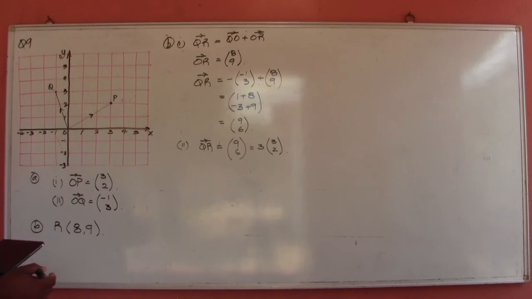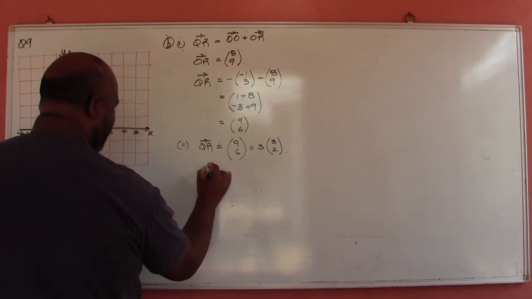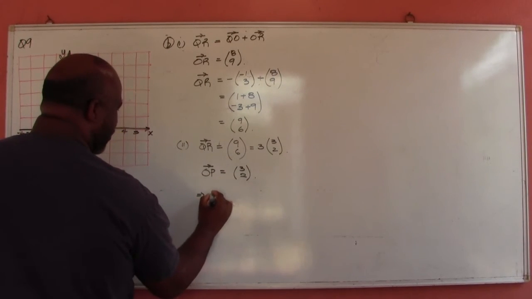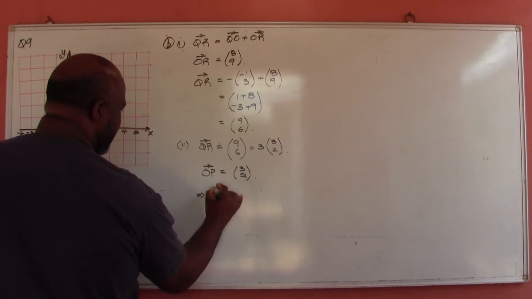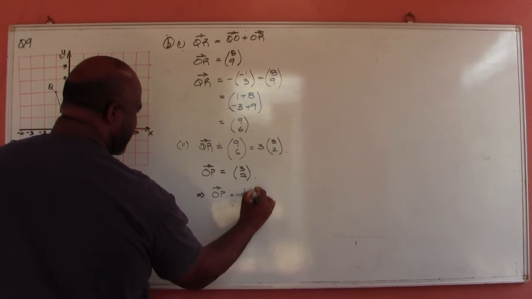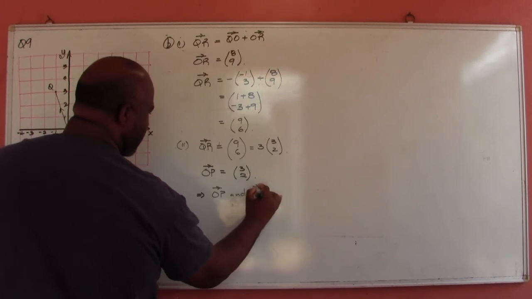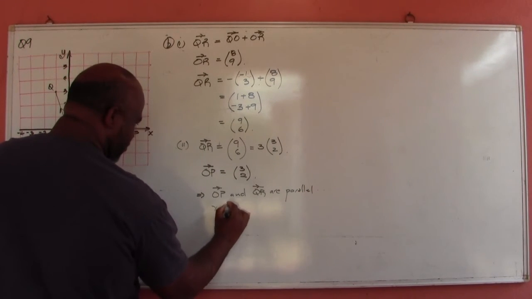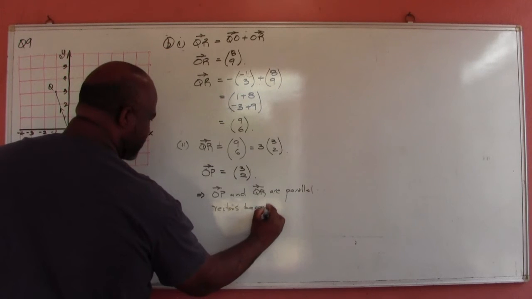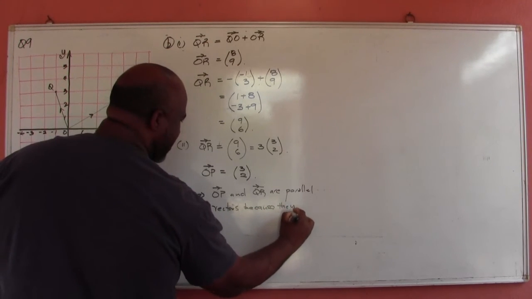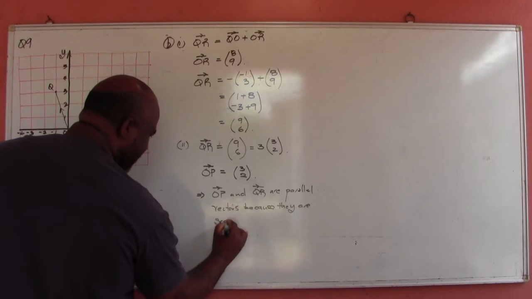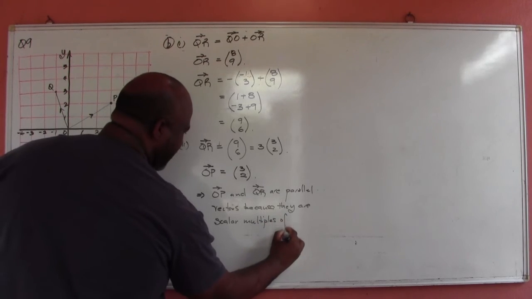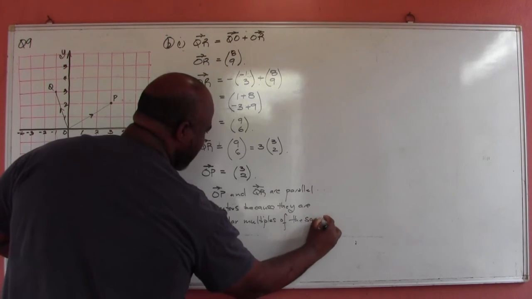Now OP is (3, 2). Therefore, OP and QR are parallel vectors because they are scalar multiples of the same base vector.